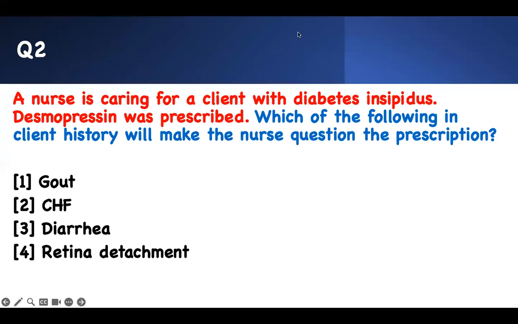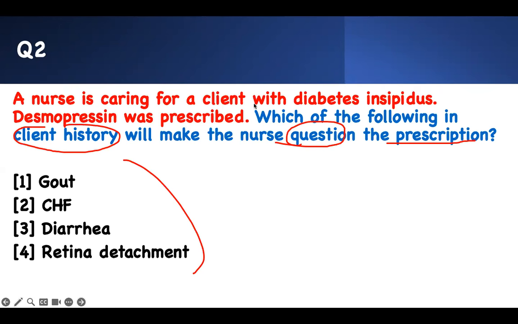Number two, same concept, the same medication. I'm trying to hit you hard over there. Which of the following in the client history will make the nurse question the prescription? There's something in the history of the client that will make me question the prescription.